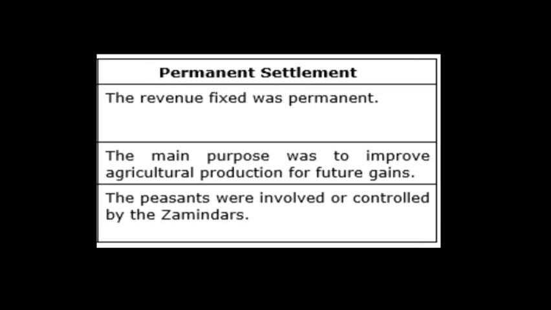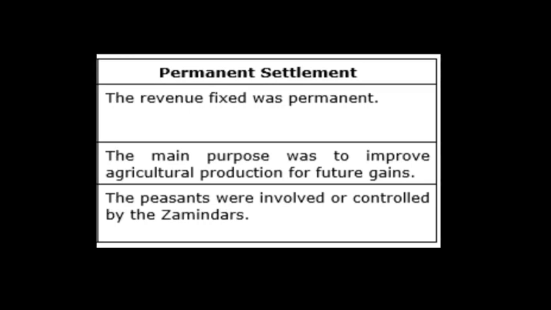If they fail to collect, and the amount of money is less, then they would be removed from the job of a zamindar. So this system was very advantageous to the company, because every time, at a specific date, money would come in. No matter if the farmer is producing more or less, he has to pay this amount of money, because if he did not pay, he would be removed from his land and would not have any say.